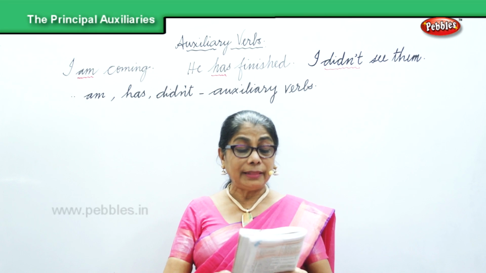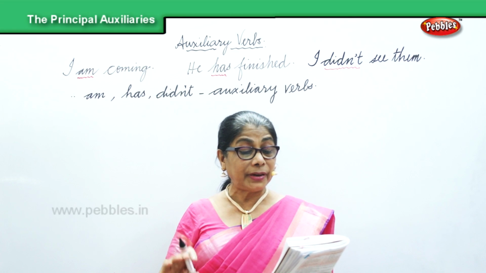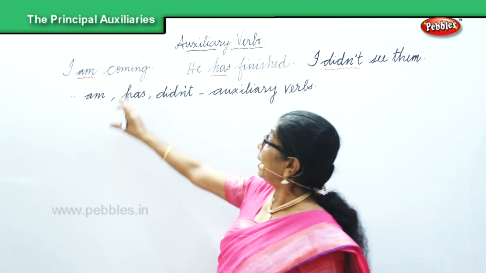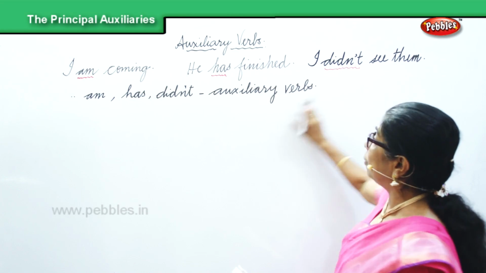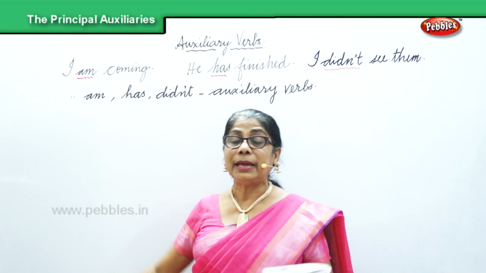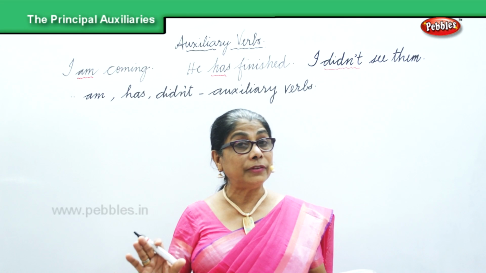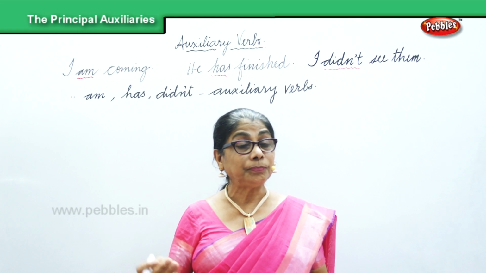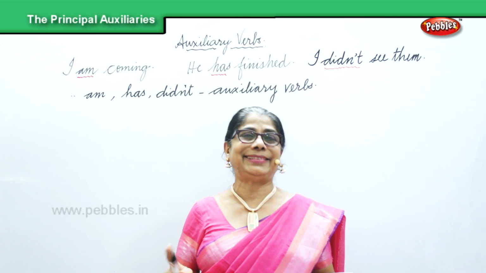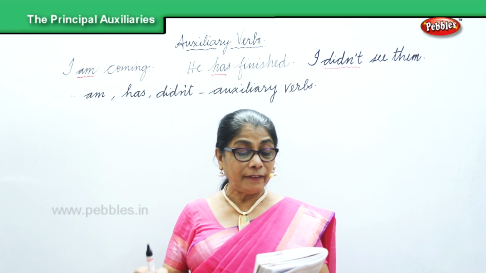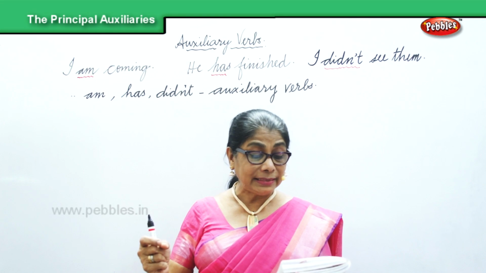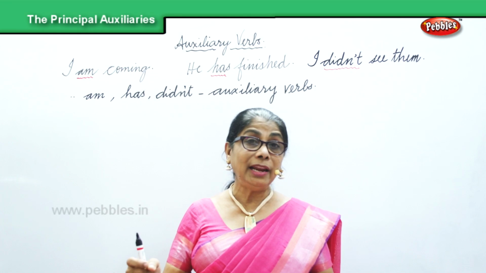First of all, the auxiliaries are further divided. I said am, has, didn't, all these are auxiliary verbs. Now they say these auxiliary verbs are further divided into two kinds. Okay, we have principal auxiliaries and modal auxiliaries.